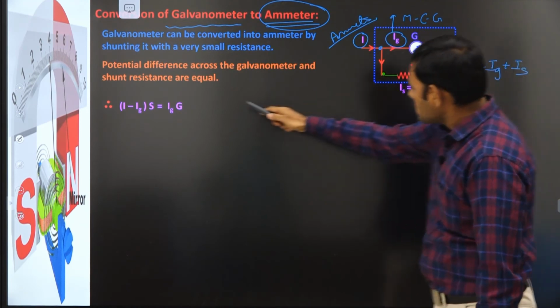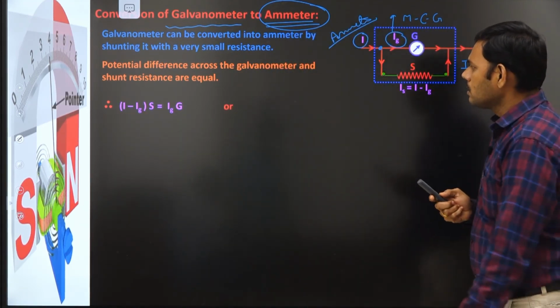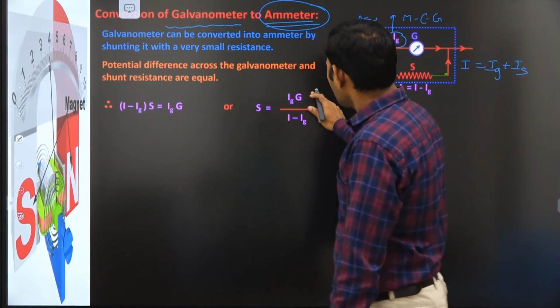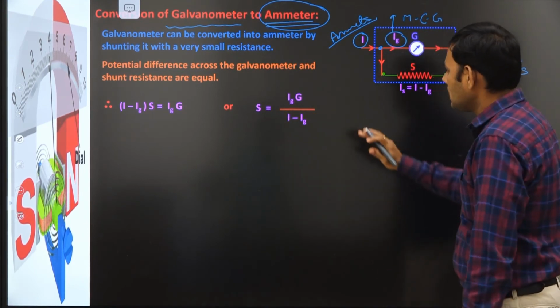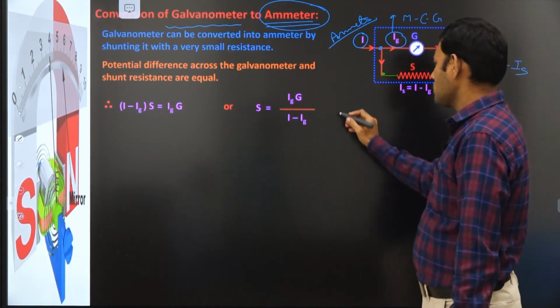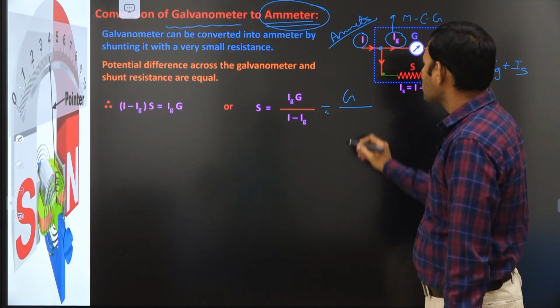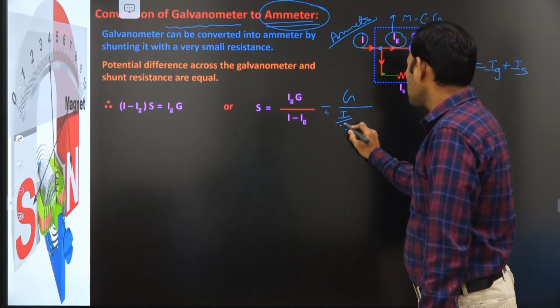Cross multiplying, we find S is equal to Iz into Z by I minus Iz. Of course, we can rearrange this equation as S is equal to Z by I by Iz minus 1.